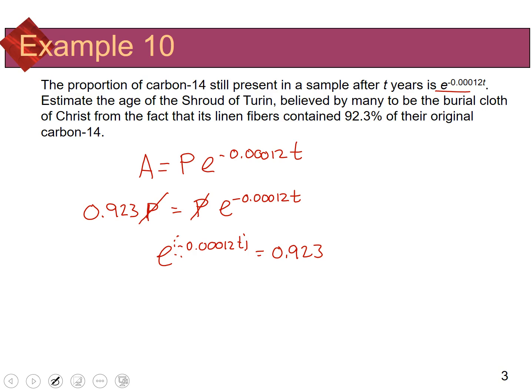Now again, there are parentheses understood to be here. So I can't move the negative 0.00012 through division yet. I had to get rid of the e to essentially get rid of the grouping. So I'm going to natural log both sides. Of course, on the left-hand side, it would just cancel with the e. On this side, I have the natural log of 0.923.